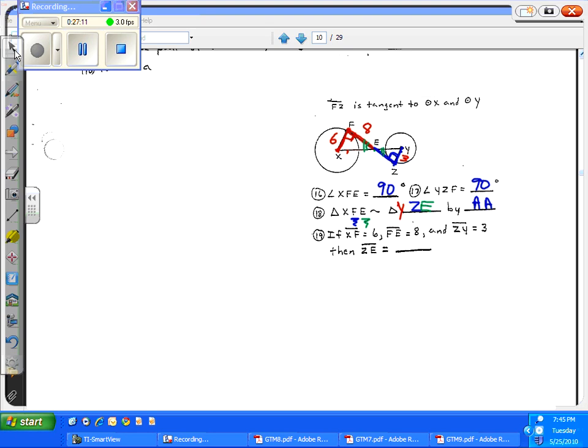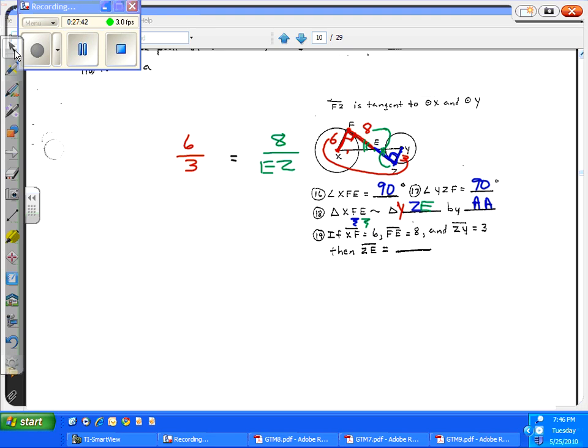So we can set up a proportion, 6 over 3, that pair of corresponding sides, is equal to 8 over EZ, that pair of corresponding sides.